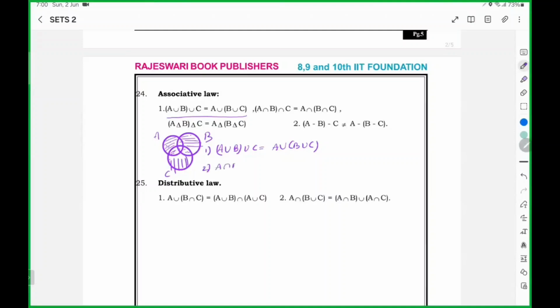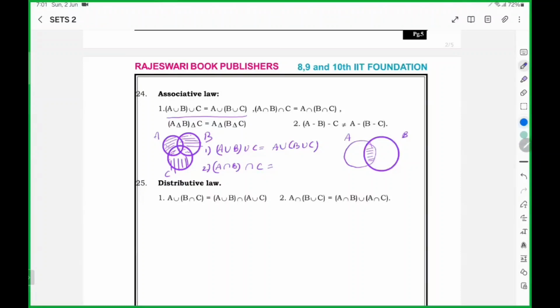Similarly, A intersection B intersection C, if you consider. So then here, with respect to the Venn diagram, A intersection B means this part.